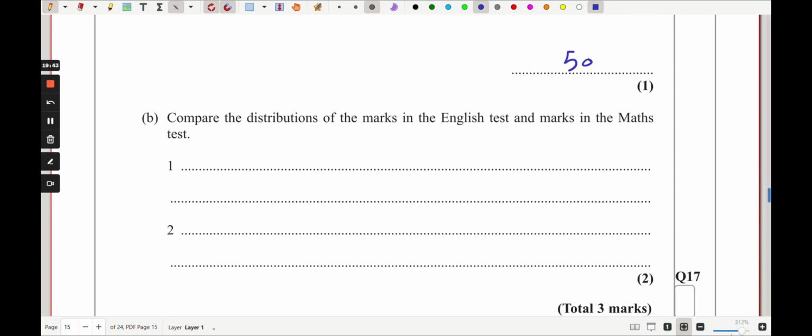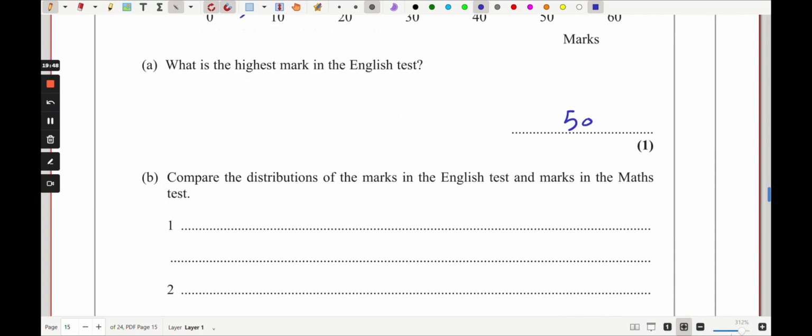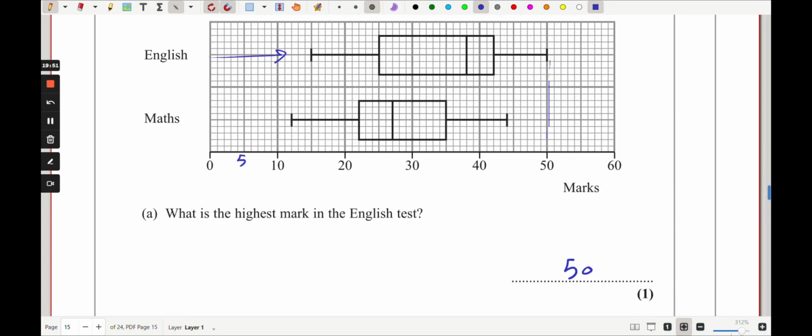Now compare the distributions of the marks in the English test and the math test. Here for sure we'll use the median, as they are mentioning it, for maths and for English. Here we have 38, and here we have 20, 25, 27. So the median was higher in the English test.